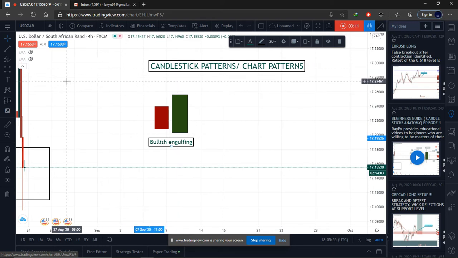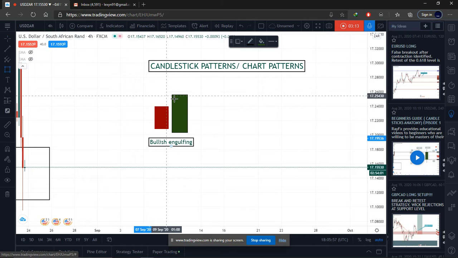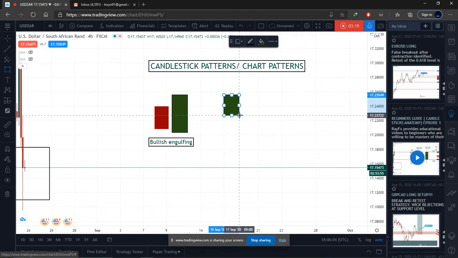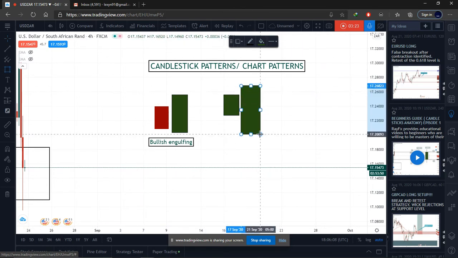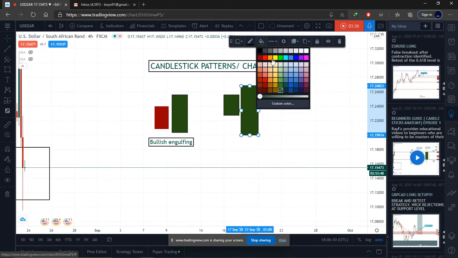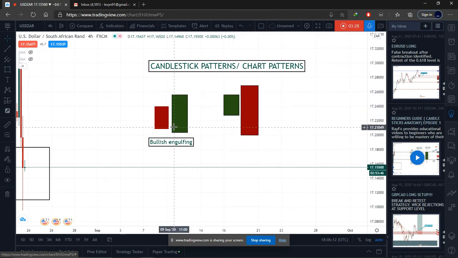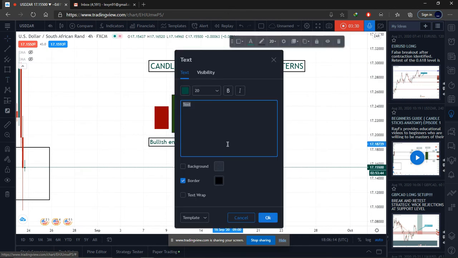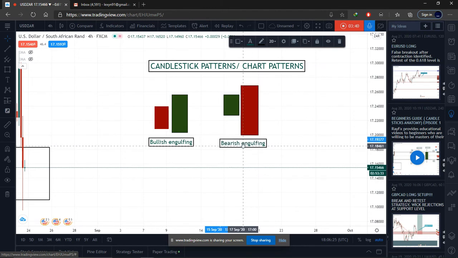Now the next candle we'll look at is the bearish engulfing. For the bearish engulfing, you have your small green candle, and then you have a big red candle, and this becomes the bearish engulfing candlestick pattern.